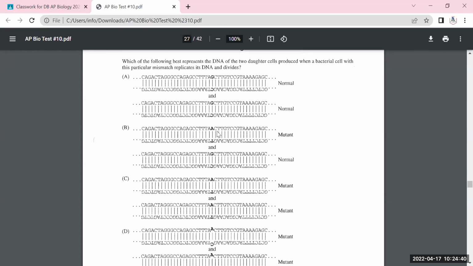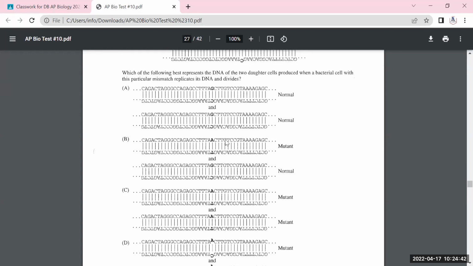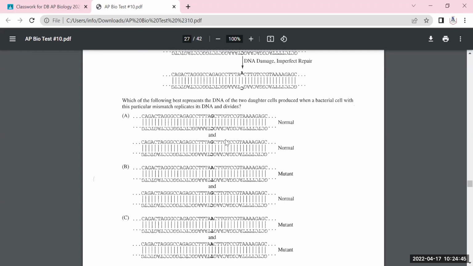So what would that look like? What would happen? Your double strand would separate into its two strands.